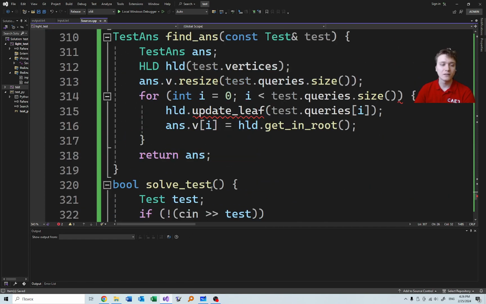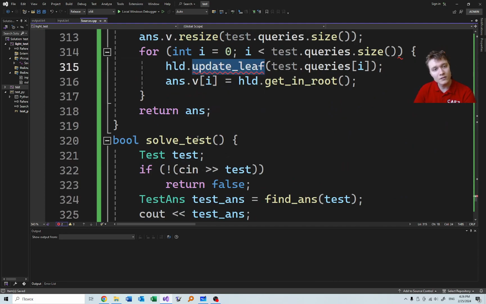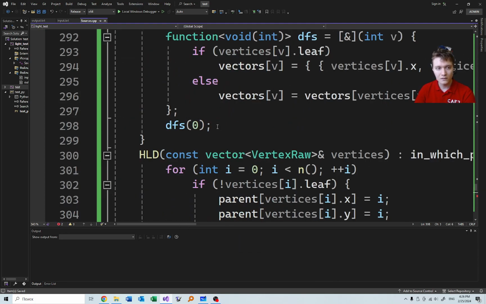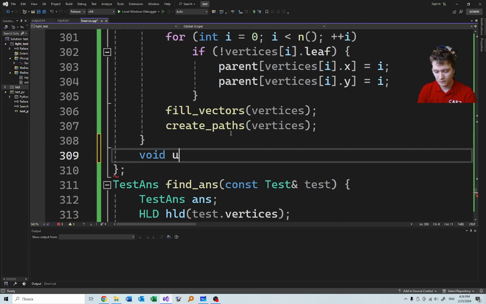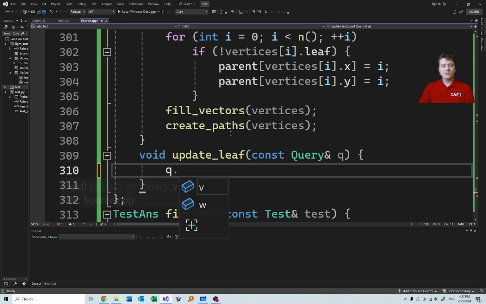Yeah, it's more or less fine, and we only need one function, update leaf. So what does it do? We need to take vertex v, update its value with w, and update all upper vertices, all paths, all upper vertices elements, something like that.